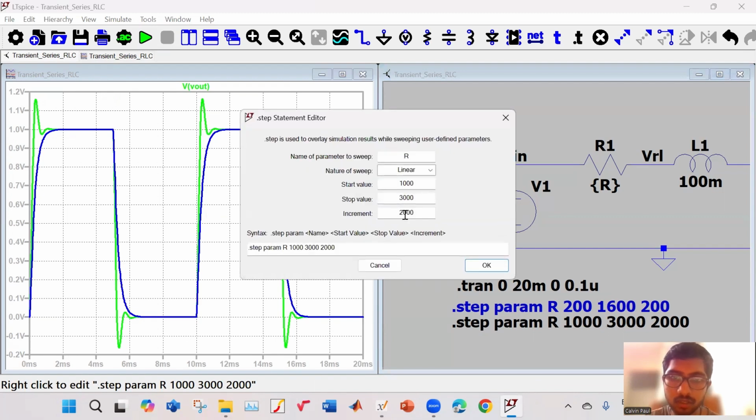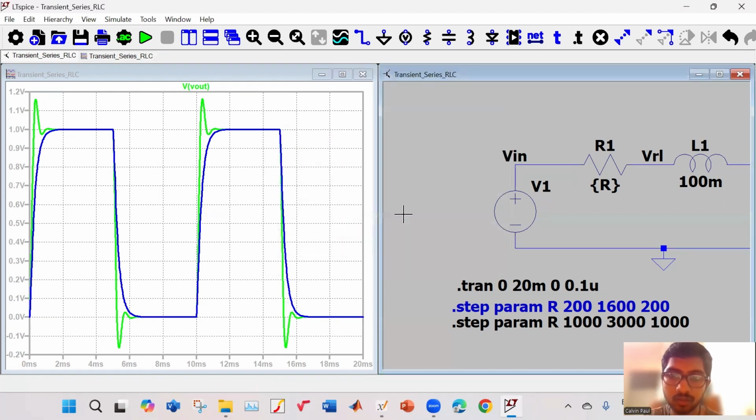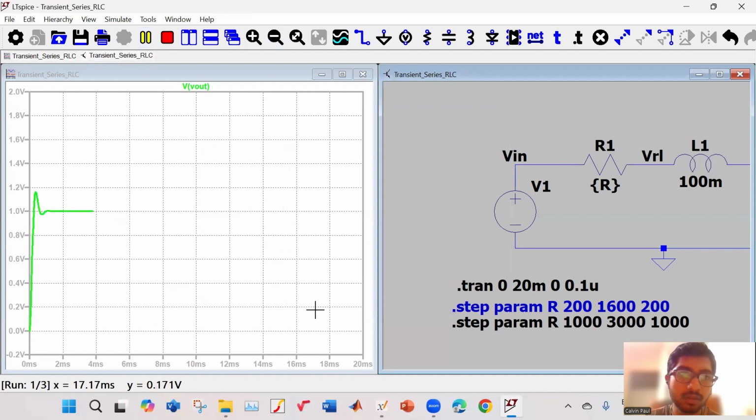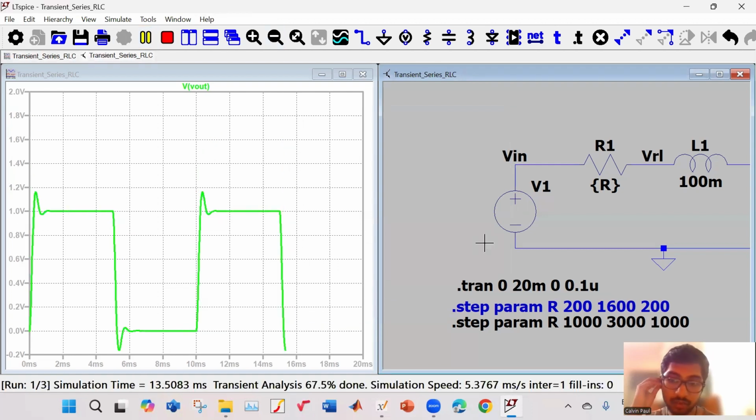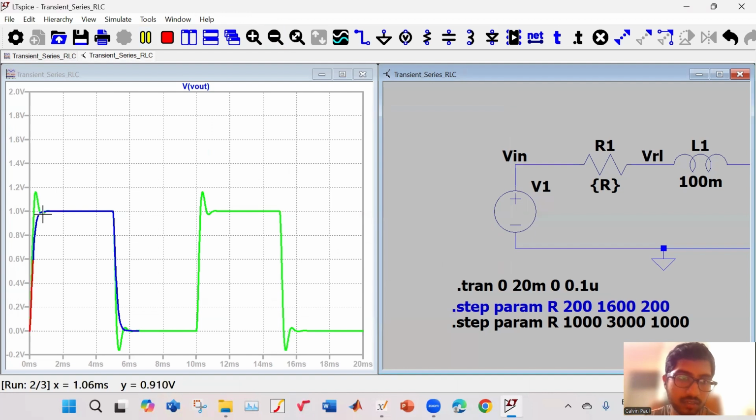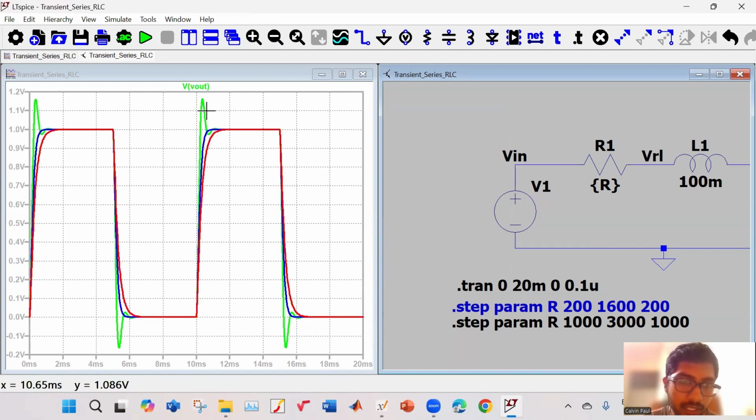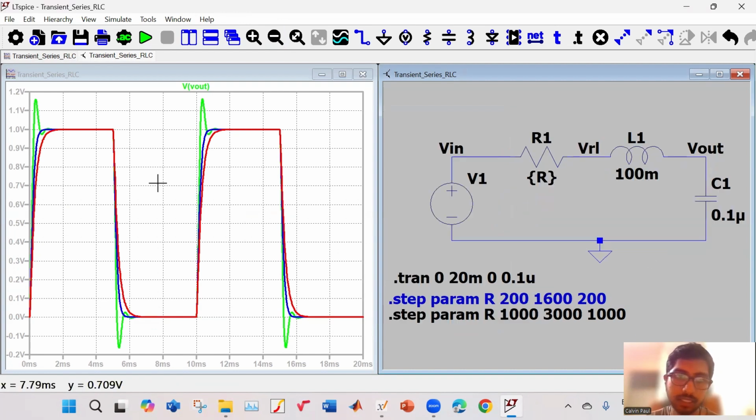There was a mistake. It only ran for one case. So first is for 1000 ohm, then 2000 ohm, and then 3000 ohm. Okay. So the green one is the underdamped case, the blue one is the critically damped case, and the red one is the overdamped case. So when I change the value of R, these cases were occurring.